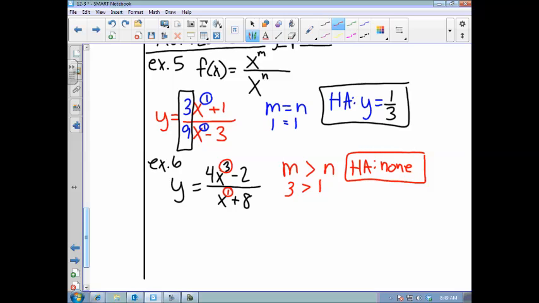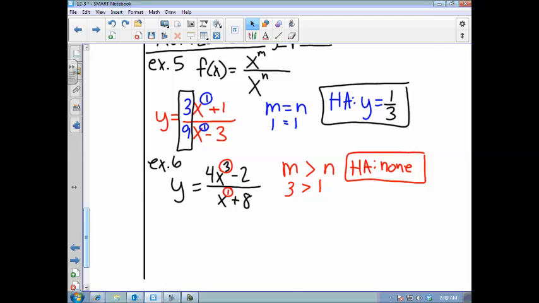Okay, when they're equal, it'd be the fraction of their leading coefficients. But when Mexico, the numerator, is greater than Nicaragua, the denominator's power, then there is no horizontal asymptote. Yeah? What was HA stand for? Horizontal asymptote. We use VA for vertical asymptote and HA for horizontal asymptote.